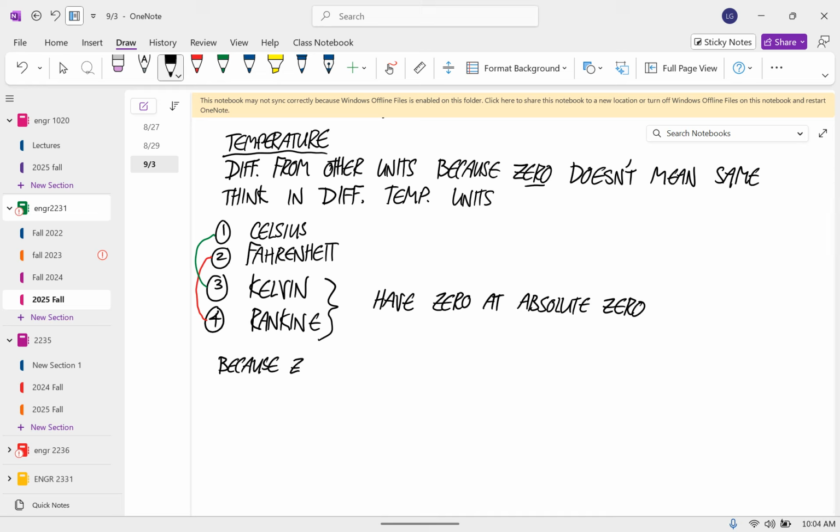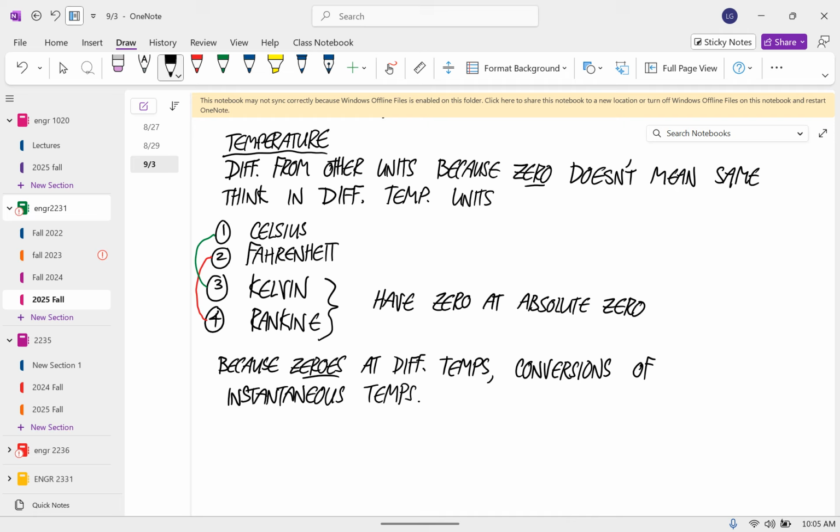Because the zeros are at different places, or at different temperatures, conversions of instantaneous temperatures are different from conversions of changes in temperature.